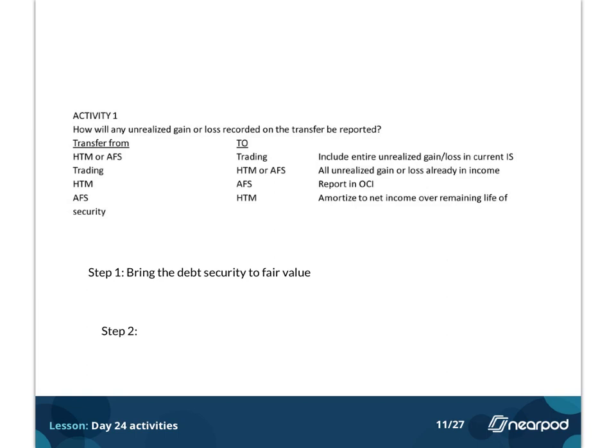Two is that you transfer the balance. Okay, let's put this a different way. That you close out existing debt investment accounts because they would be under your old category.